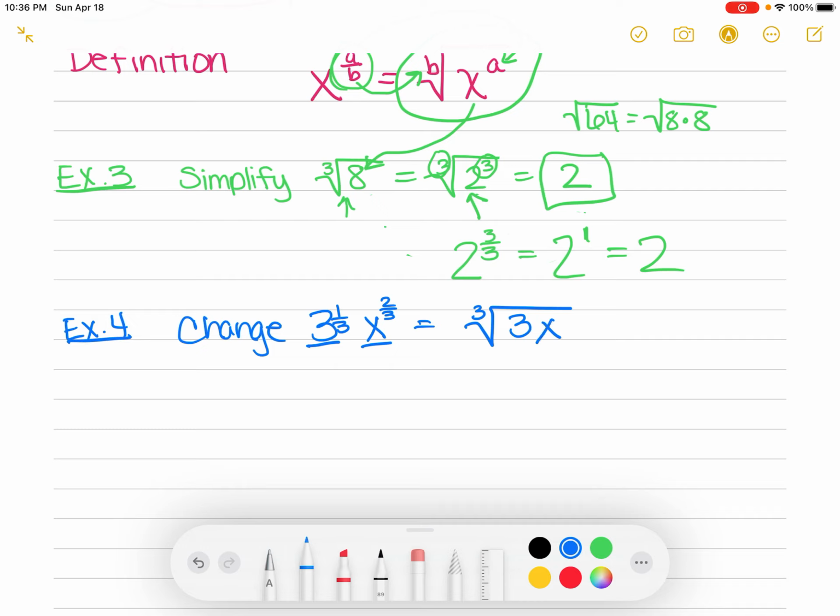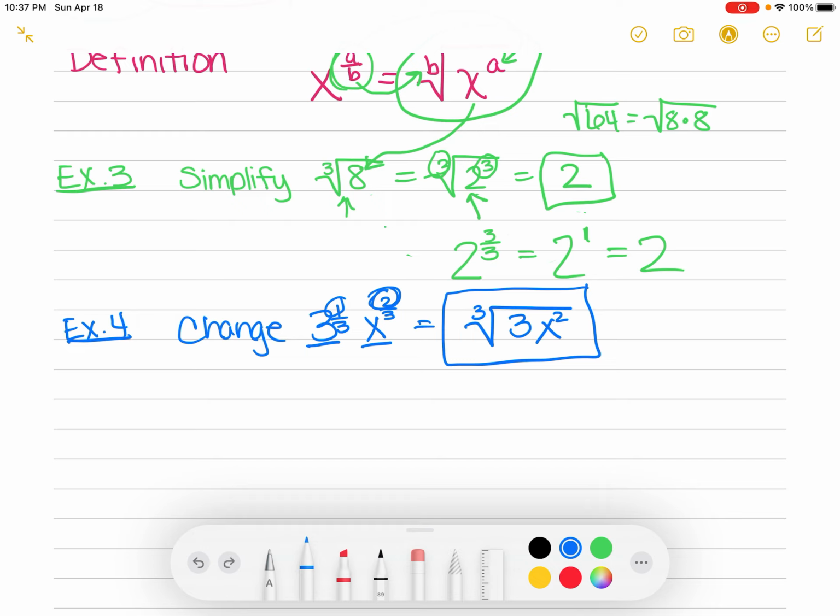And then their exponents inside of there are going to be this top one. Okay, so this would be 3 to the 1 power, but we don't write ones, right? And then this would be x to the 2nd power. So that's how you figure these out. So the bottom of the fraction in an exponent goes on the outside, and the top number goes on the inside.